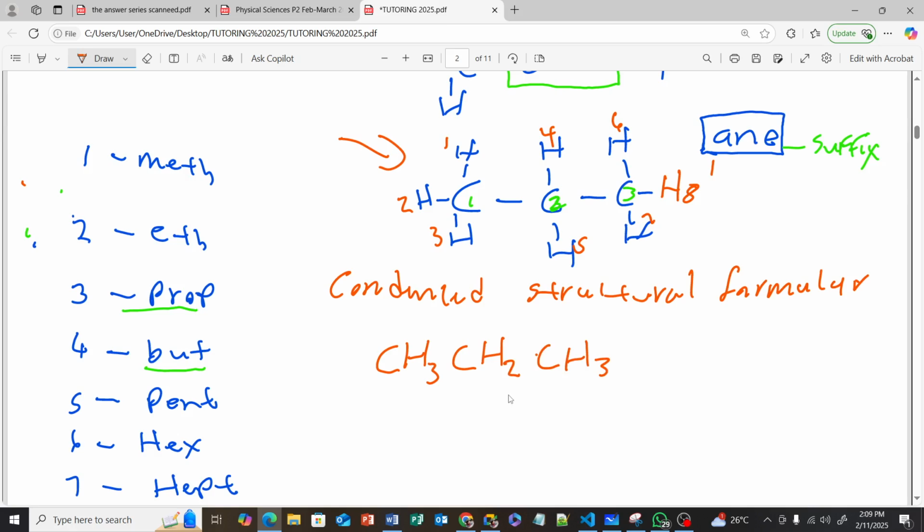It doesn't show bonds, but it shows exactly how the atoms are bonded to each other. Then we have a partially condensed structural formula. Maybe we have a CH3 and another CH2 and another CH3. So here you can see that you haven't completely removed all your bonds, but it's still a condensed structural formula, so it is partially condensed.